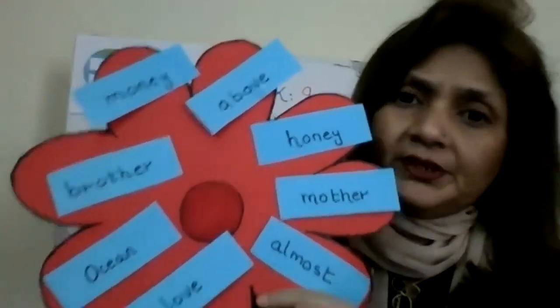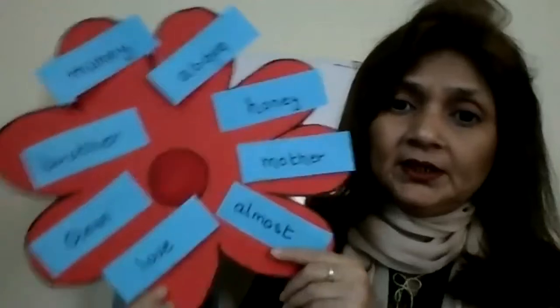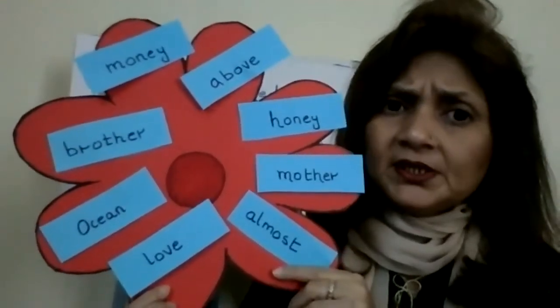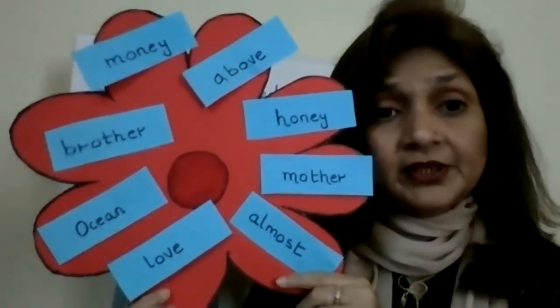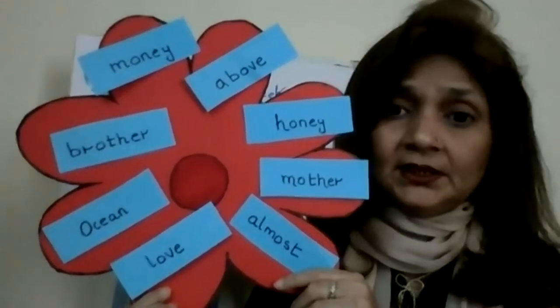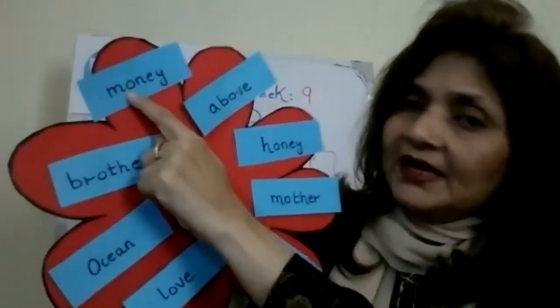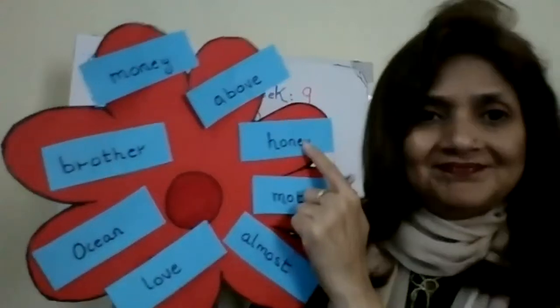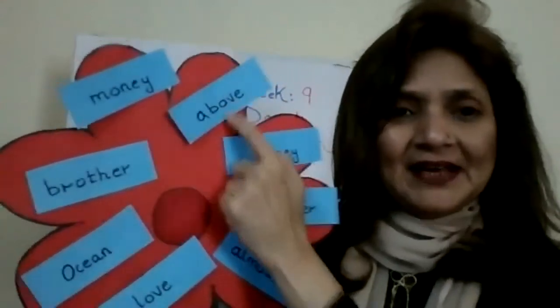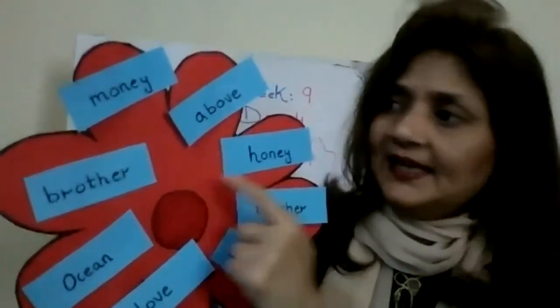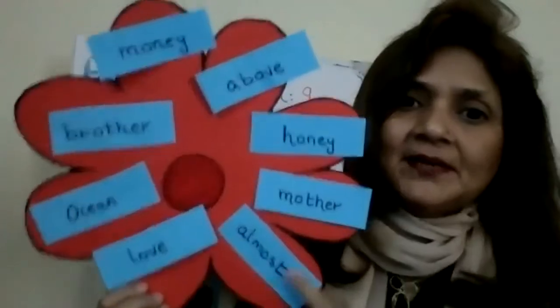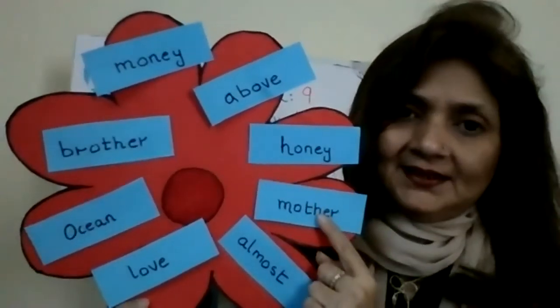Now, you have read all these words, right? Now find out the words that rhyme with one another. Are all these rhyming words? No. There are some words that rhyme with one another. Can you find them out, please? Yes. Money rhymes with honey. Correct.